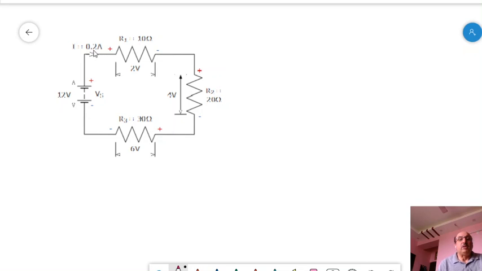Now let us say here we do not know the value of current. We don't know this value. Then what do we use here? We will use current I, which is coming on this resistance, then this resistance, then resistance R3.